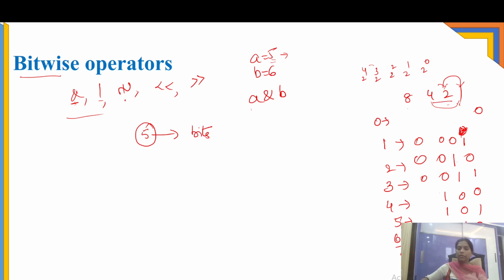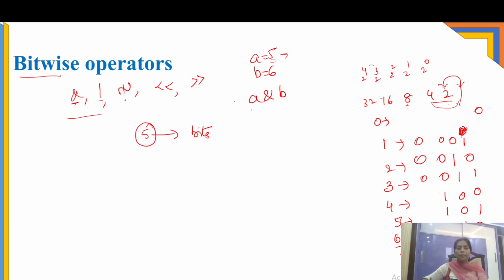For 7, 4 plus 2 plus 1. For 8, 1 0 0 0. Like this we convert integer values into bits. If you want to convert more than 15, next is 16, next 32; it keeps doubling.